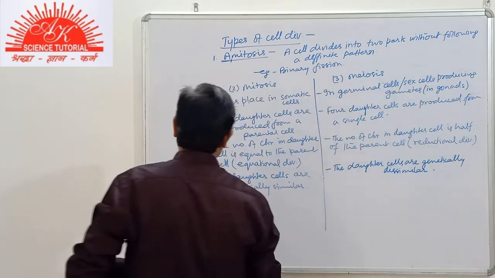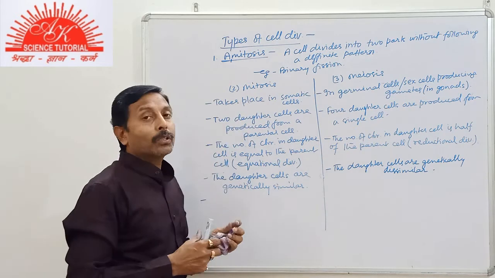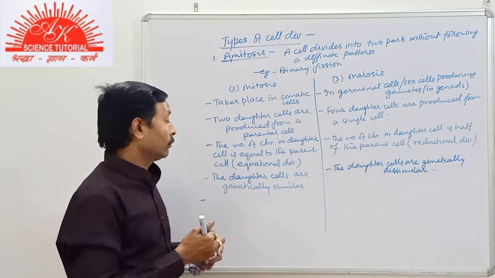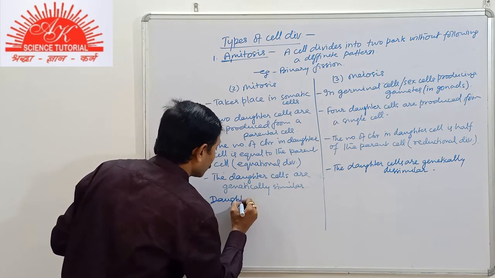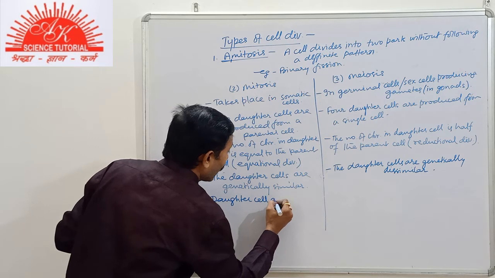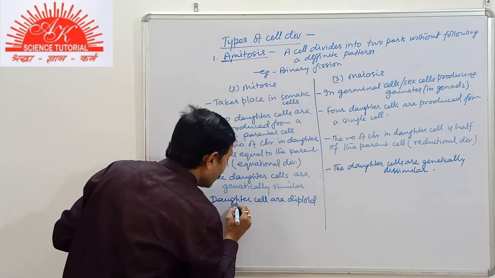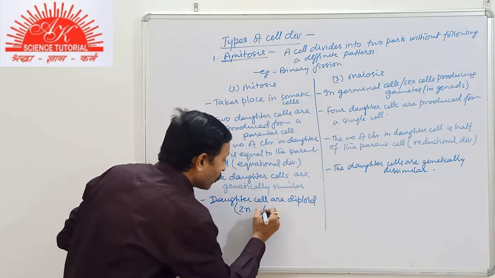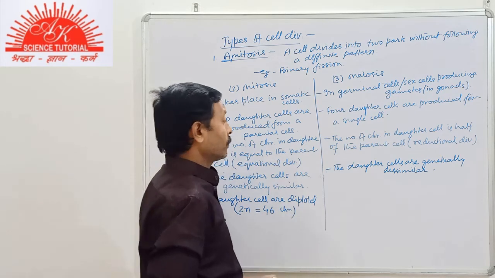Next, the daughter cells produced in mitosis are diploid in nature, that is, having a paired set of chromosomes. Diploid is written as 2n. And what will be the number of chromosomes? 46 chromosomes.